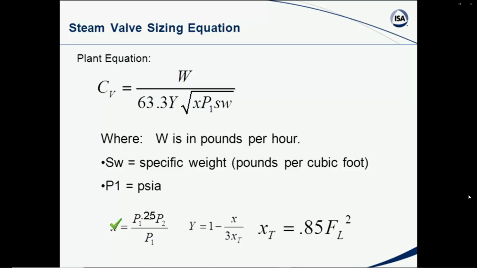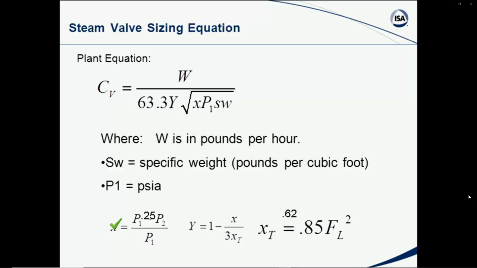So that's that value. For Y, X and T, if we select a globe valve with an F sub L of 0.85, we get a calculated X sub T of 0.62, because we're calculating 0.85 times 0.85 squared.